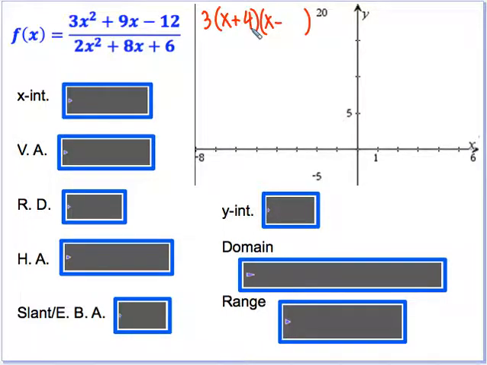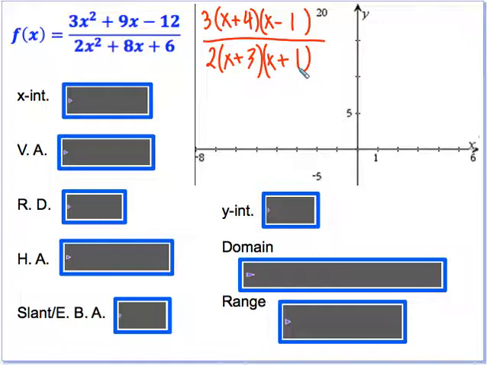Well, that tells me 4 and a 1. And then in the denominator, again, we can factor out the 2. We get x squared plus 4x plus 3. So we're going to have two pluses there because everything's positive, and it's going to be 3 and 1.